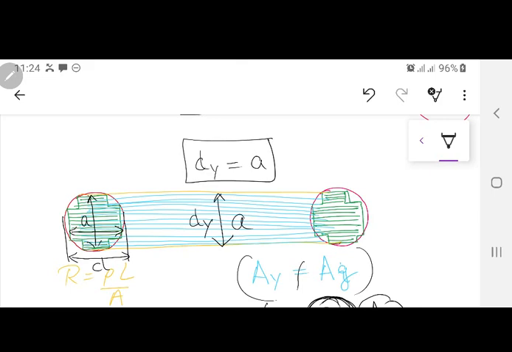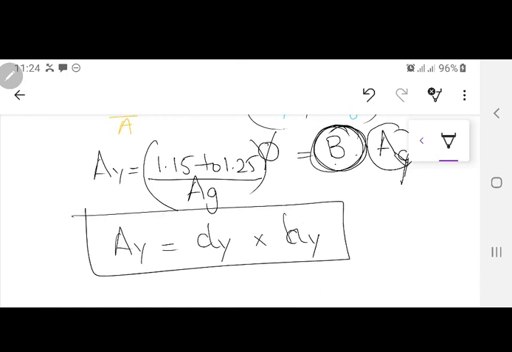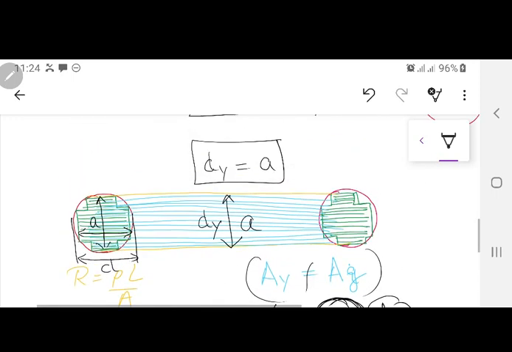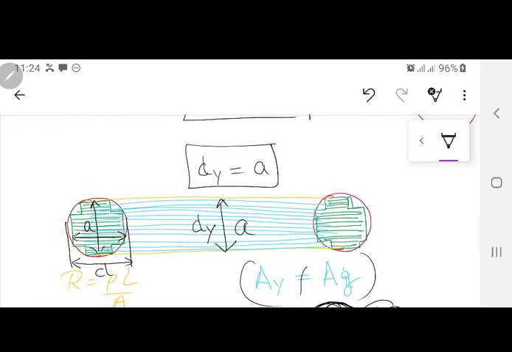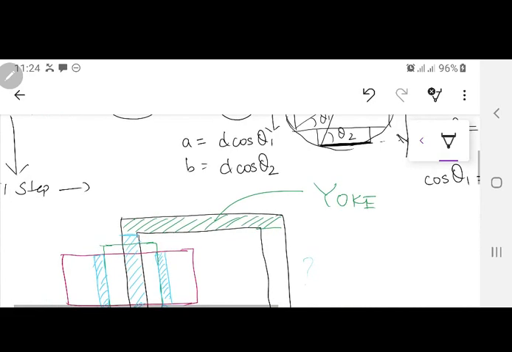So AY is going to be equal to dy into HY. What is dy? dy is the depth of the yoke, HY is the height of the yoke. Since this is a top view of the transformer, if I go back over here, what is height?